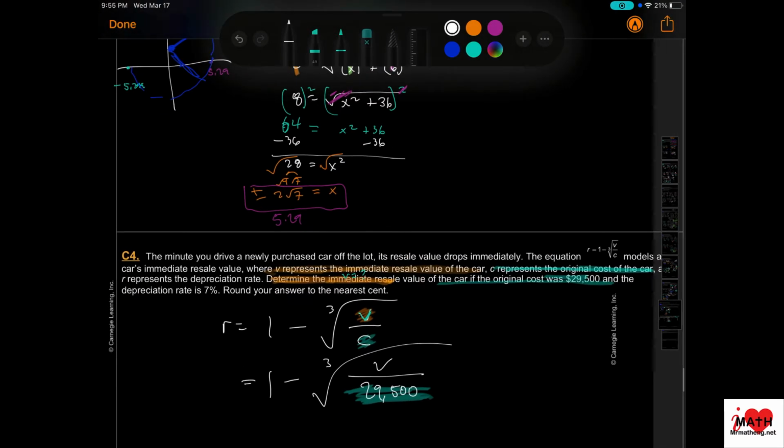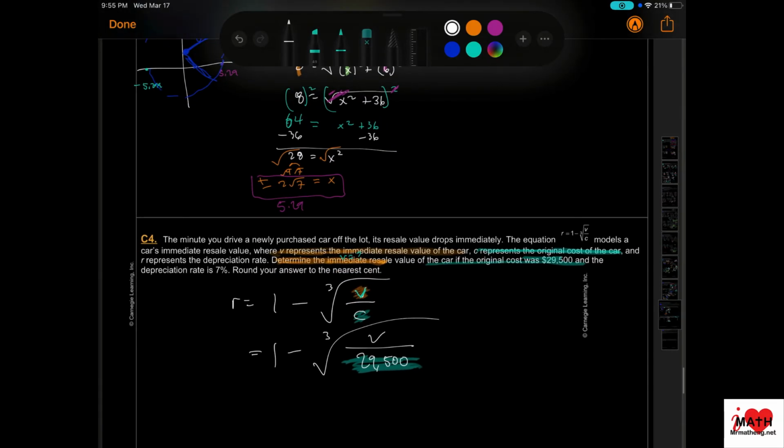And R is the depreciation rate, and that's going to be 7%. Round your answer to the nearest cent. Okay.